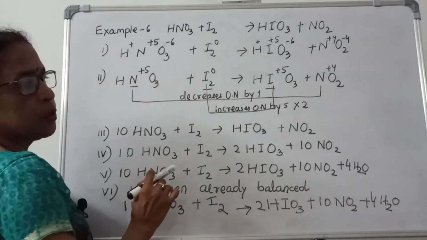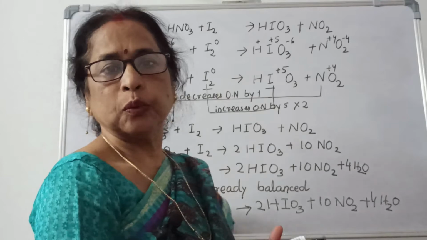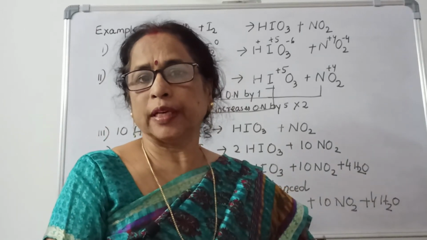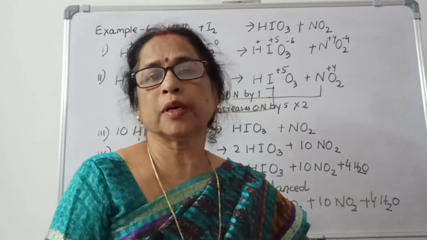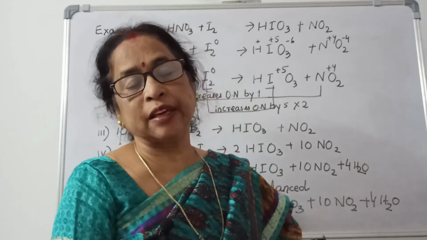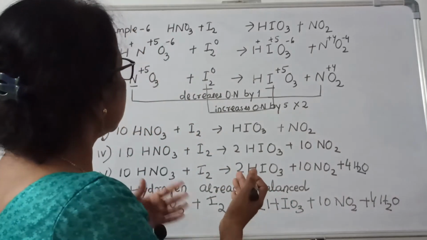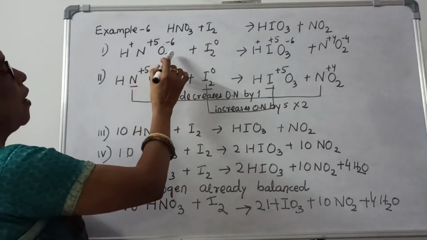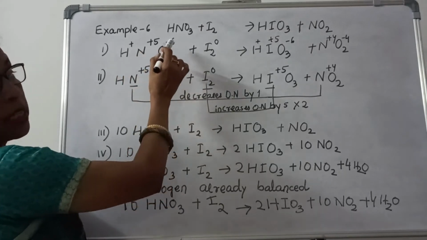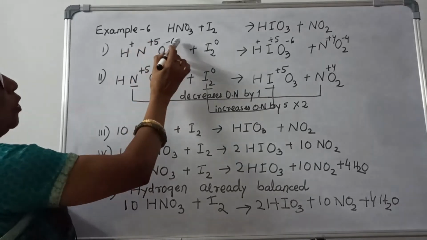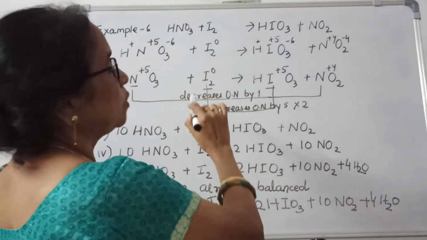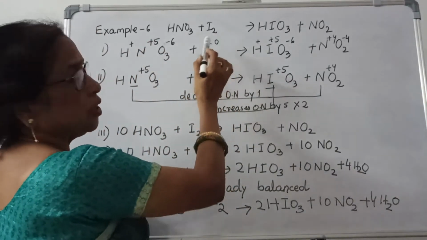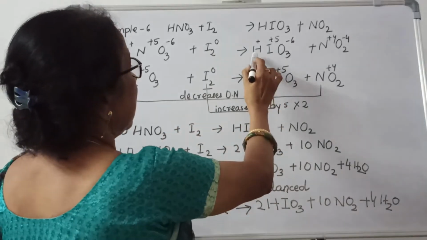Now in the first point I told we should calculate the oxidation number of each atom in the given equation. Here also I have done it. H plus 1, N plus 5, O3 minus 6, so that the sum of the oxidation numbers is equal to 0. I2, the oxidation number is 0.